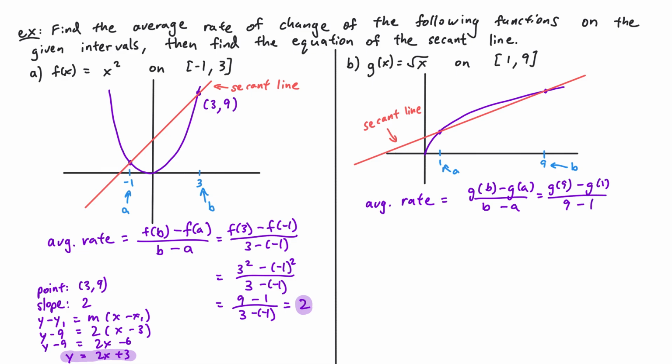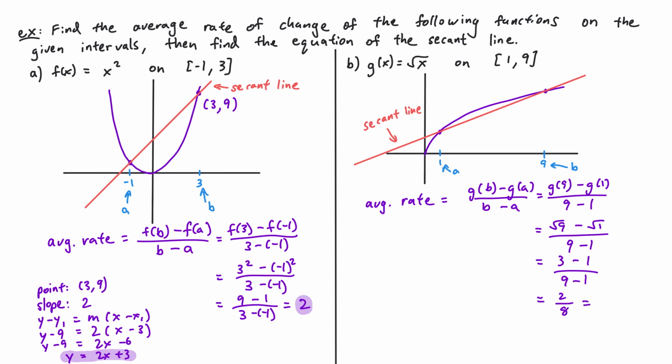So let's try to compute this. Since our g is the square root function, we're working with square root of 9 minus square root of 1 divided by 9 minus 1. Square root of 9 gives us 3, square root of 1 is 1, divided by 9 minus 1. In the numerator, 3 minus 1 gives us 2. In the denominator, 9 minus 1 gives us 8.